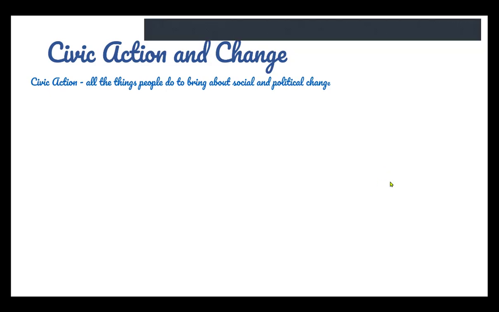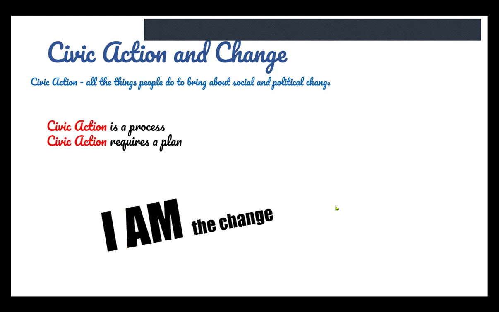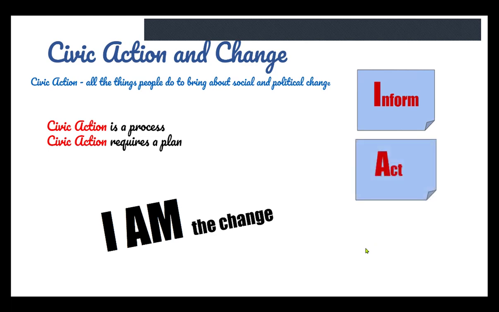Civic action is a process, and you'll learn how the process works. It requires a plan, and you'll learn how to make one. We have an acronym, I AM the change, and we've obviously read "I Am the Change." The I stands for inform, the A for act, and the M for monitor.